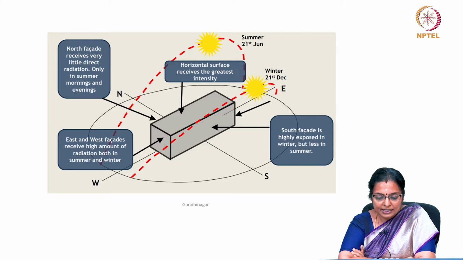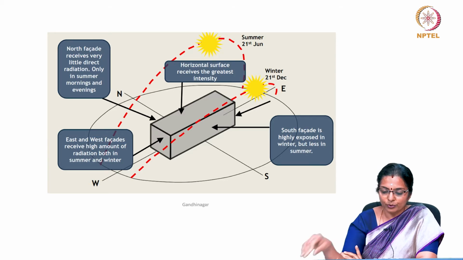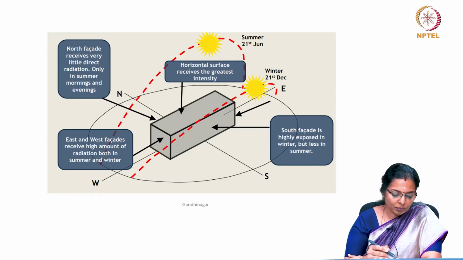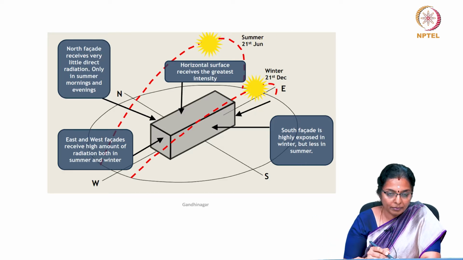Let us take the example that I have shown here. This is the case of probably a building design that could come up in Gandhinagar in Gujarat, India. And you can see which is the best orientation and how it works.